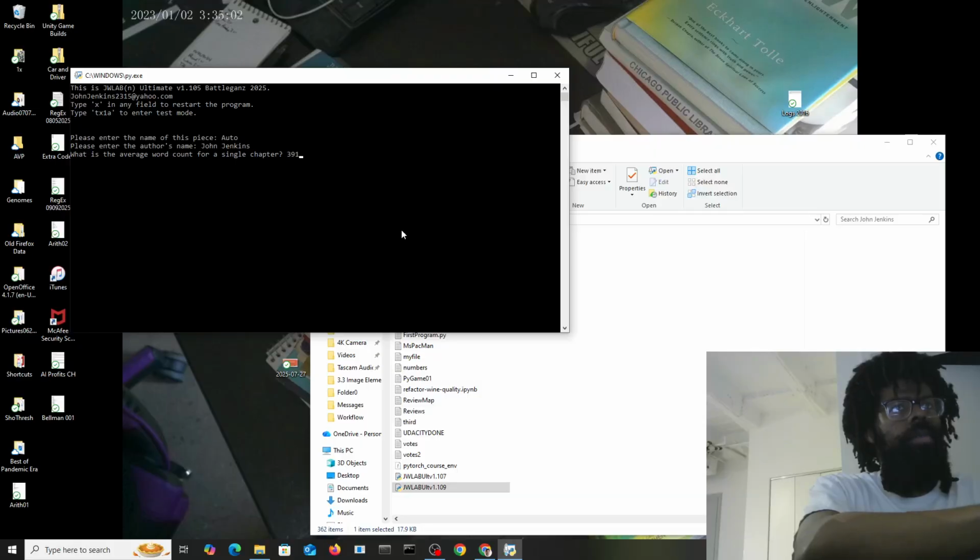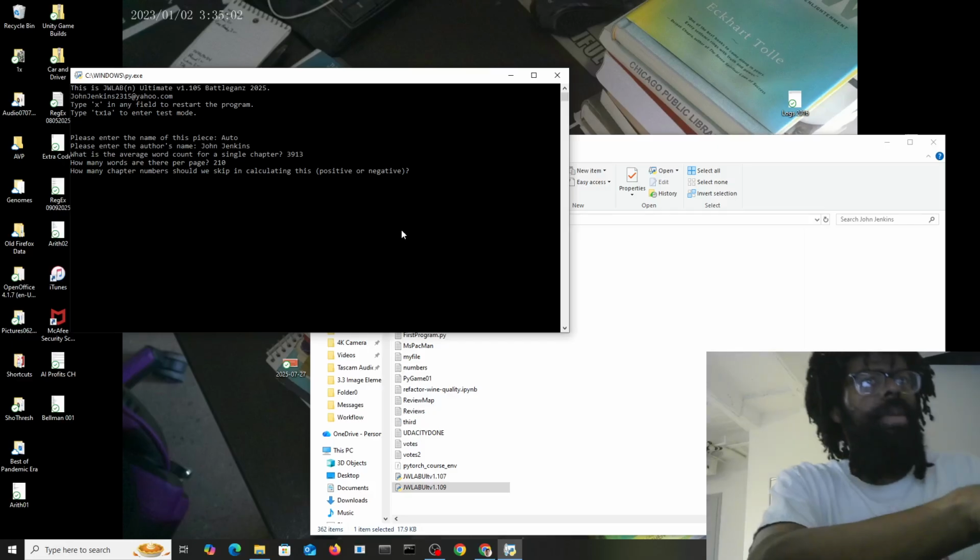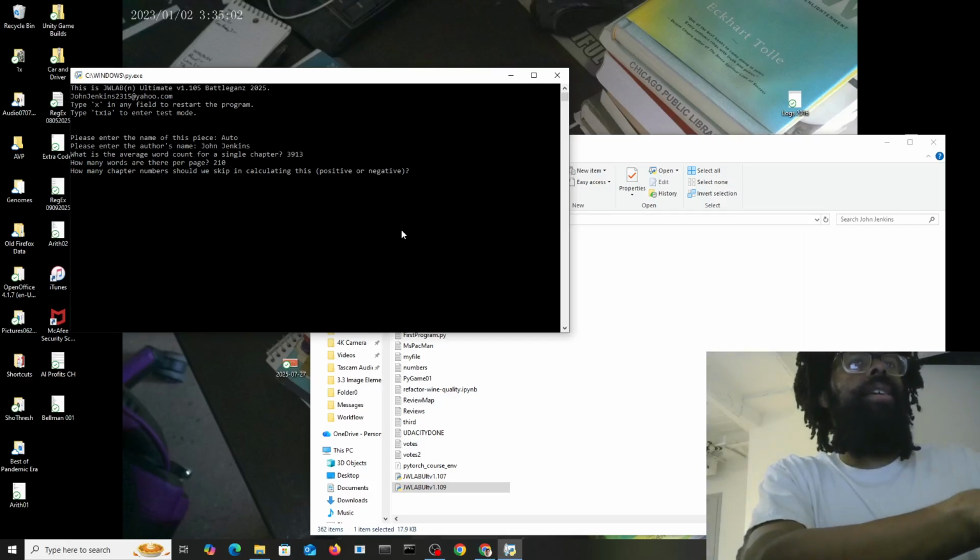What is it? 3113. How many words are there per page? 210. How many chapter numbers should we skip in calculating this positive or negative? 2.